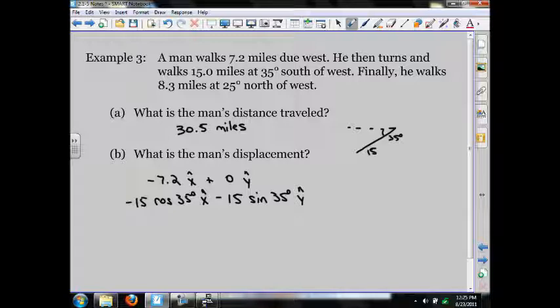The next one, 8.3 miles at 25 degrees north of west. There's west. He's walking north by 25 degrees. And he's going 8.3 miles.